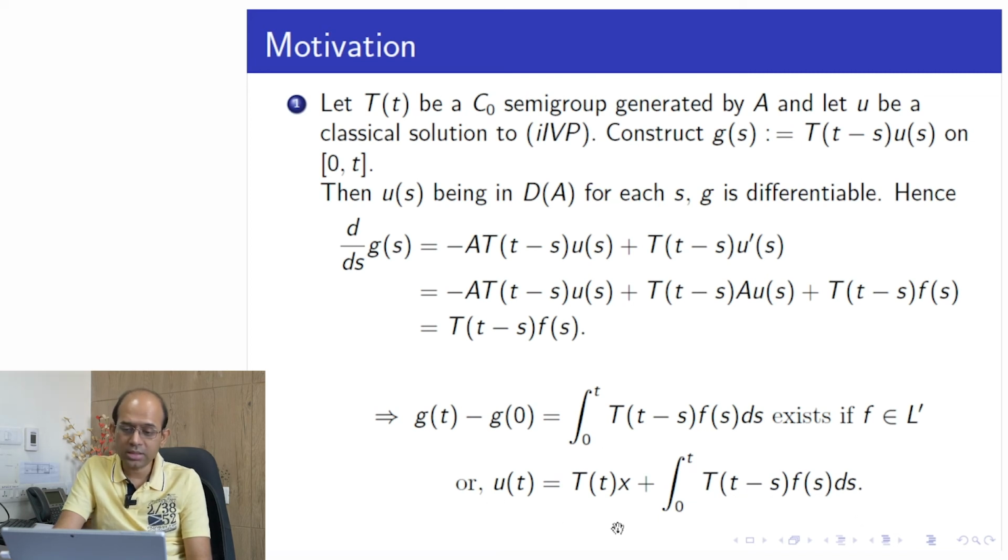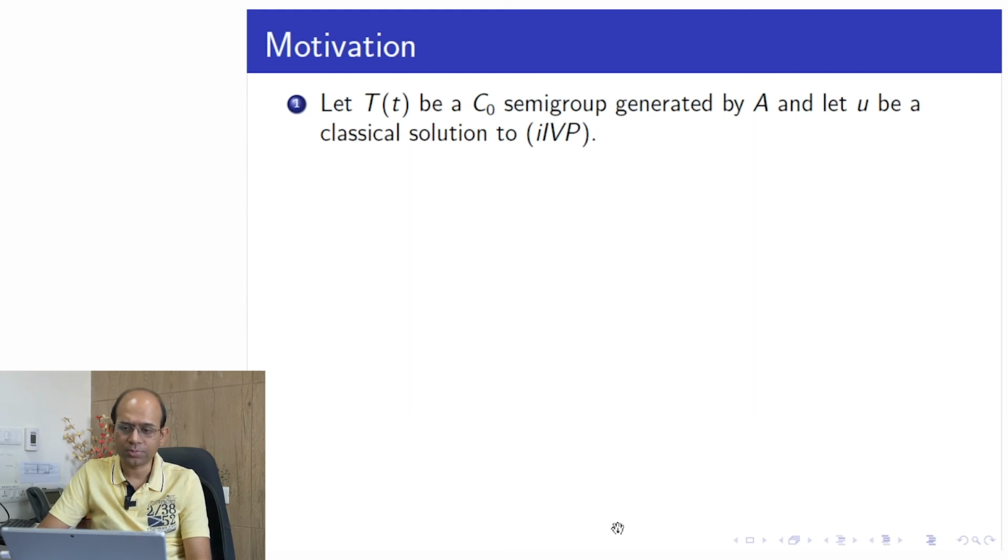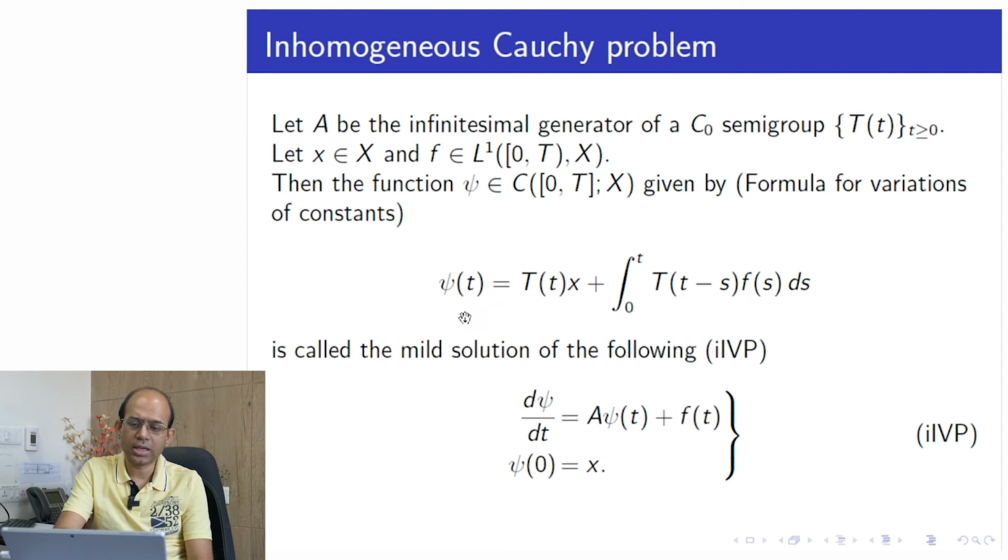So we obtain this formula which appears before. So u(t) is equal to T(t)x plus the integral from 0 to t of T(t-s) f(s) ds. Okay. So this is called the formula for variation of constants.